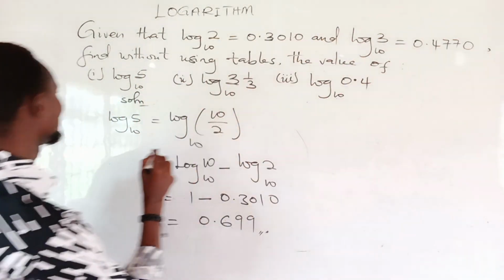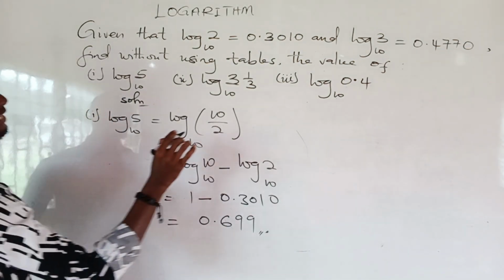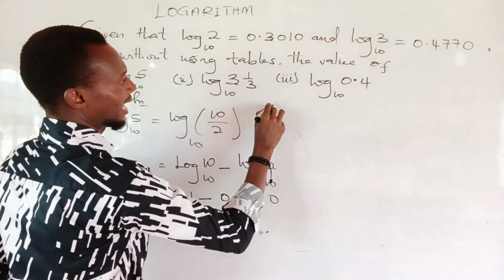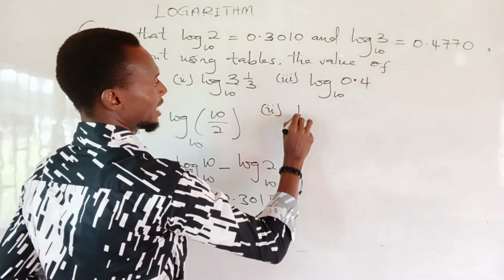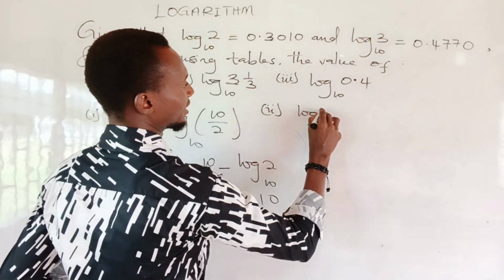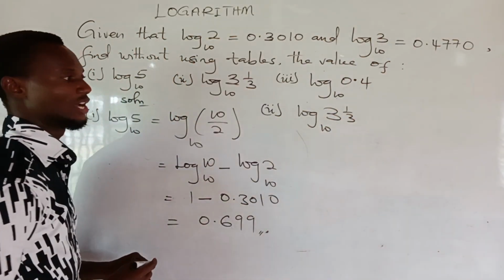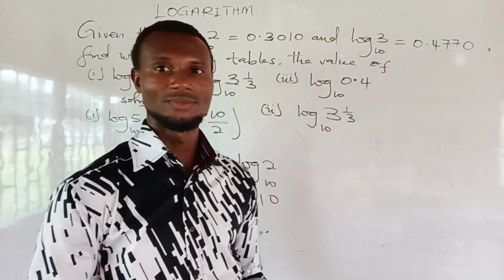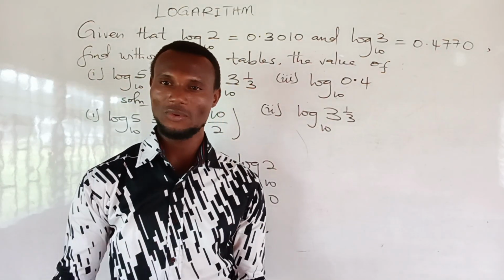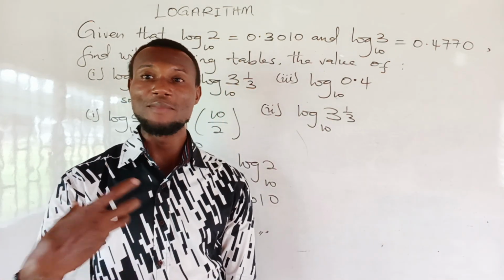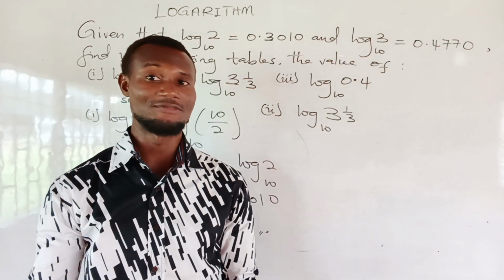Okay, so the II, so this is the I. Let's come to the II. So the II, I have the log of 3 whole number 1 over 3 to the base 10. You have to find its value. The first step is that anytime you are solving any question and it contains a mixed fraction, the first thing is to change the mixed fraction into improper fraction.